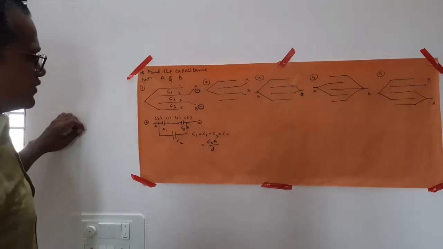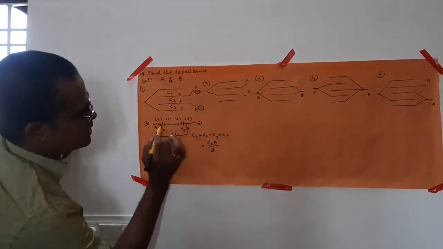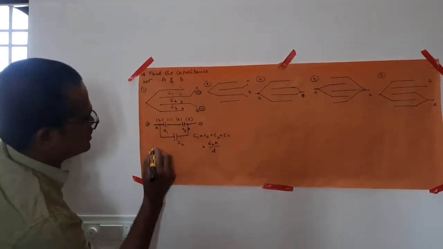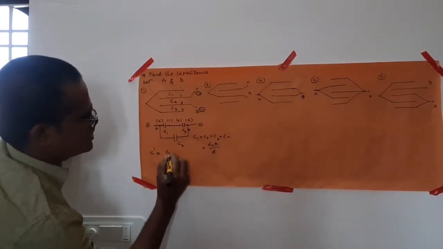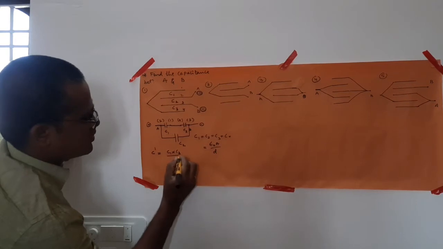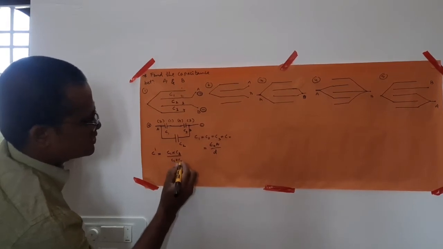Okay, now go for finding it. As C1 and C3 are in series, what is the effective capacitance between them? C dash equals C1 C3 divided by C1 plus C3.